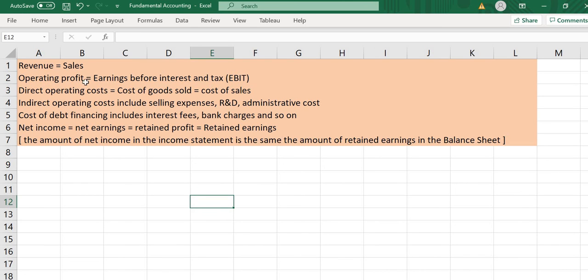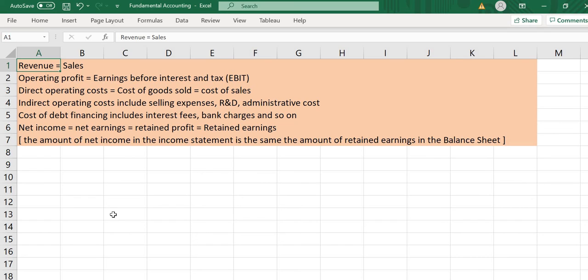When I was a bachelor student, I was very confused because different books or different lectures use different terms for revenue, sales, operating profit, or earnings before interest and tax in different cases. So I was very confused about that.